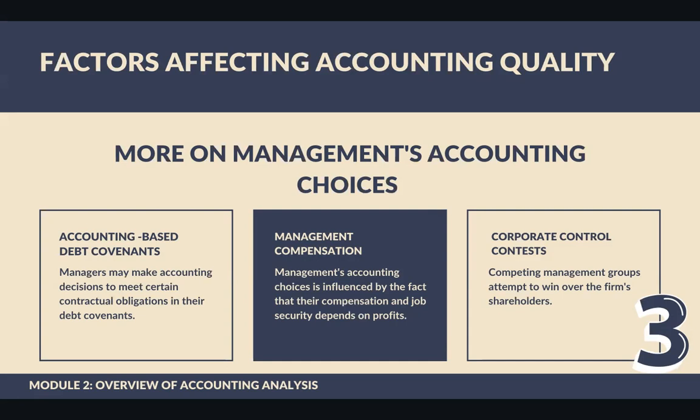When we talk about accounting-based debt covenants, our contract has a stipulation that depends on a certain number that could be found or derived using a corporation's or a business's financial statement.